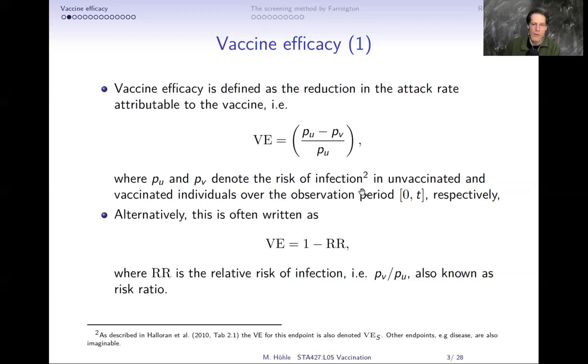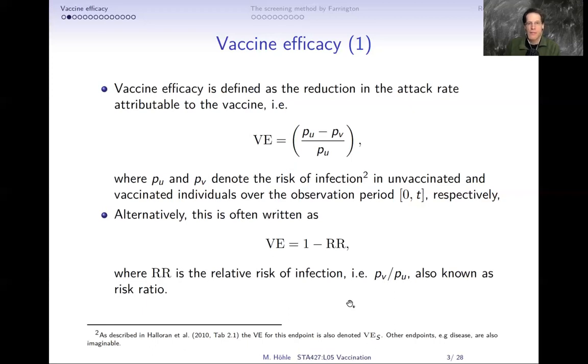So it's important to always know what the endpoint is. And for example, in the Halloran book about vaccination studies, they sometimes denote this quantity, the risk in those who are susceptible, as VES.